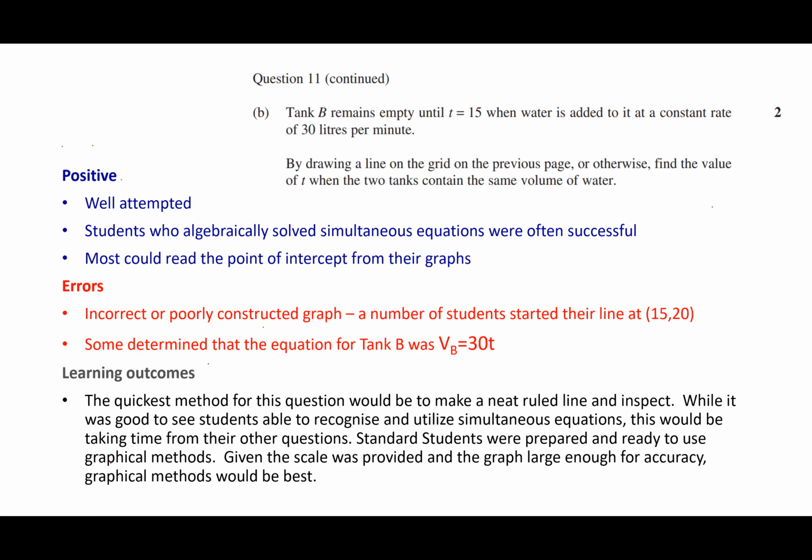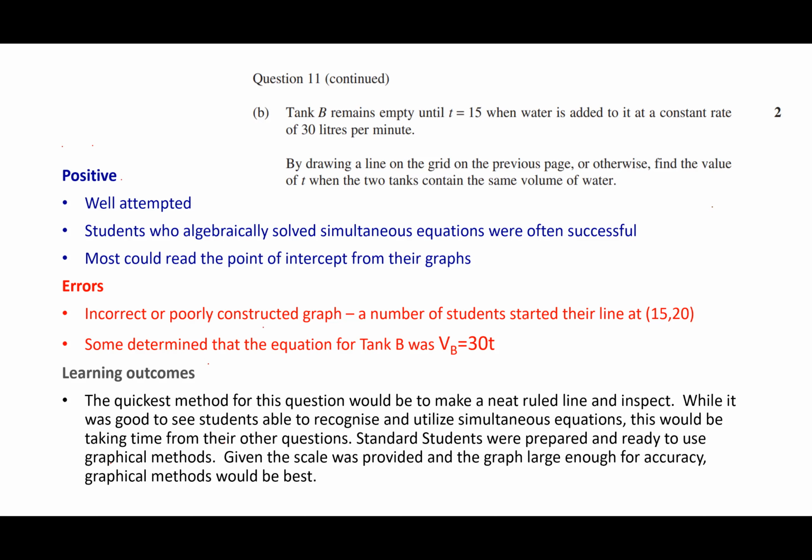One common mistake that I saw was that the students would start their graph for tank B at the point 15, 20. I couldn't see a reason for that, but that was quite common, to start just up above the axis. Some also determined that the equation for tank B was VB equals 30T. So just an incorrect or a simplified version there.